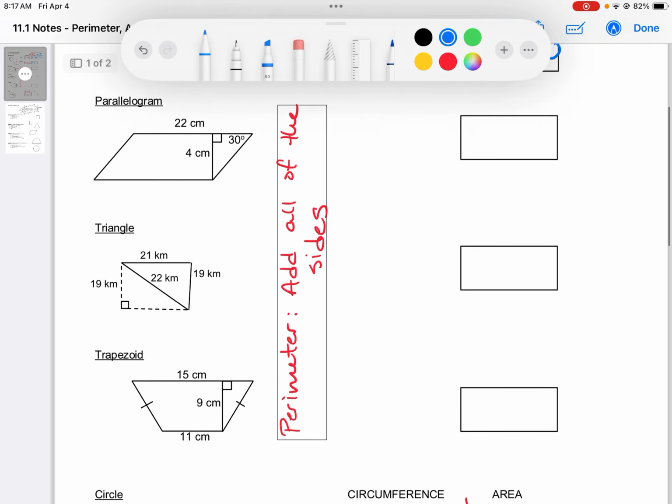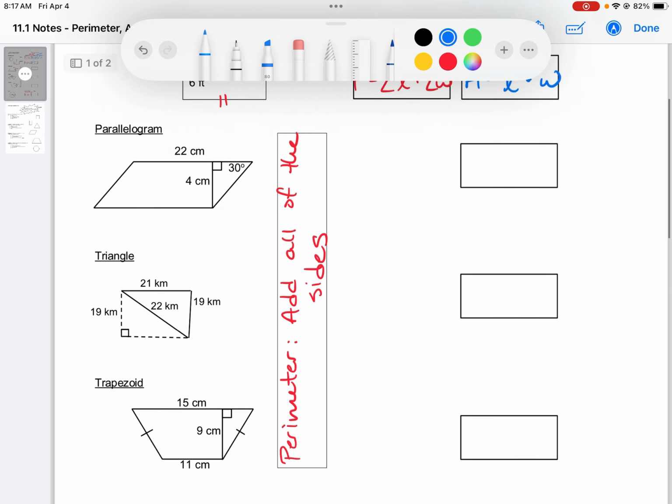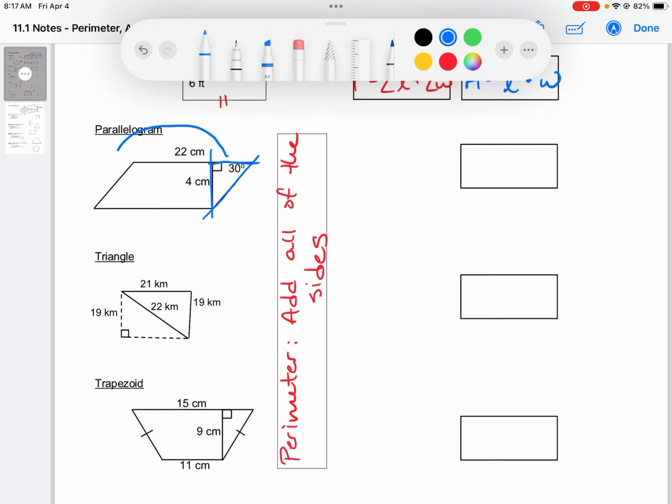And now on these more unique shapes, they're a little bit different. So one thing I want you to look at for this parallelogram is if I took this section of this parallelogram and I just moved it right here, do you see how that would make a rectangle?